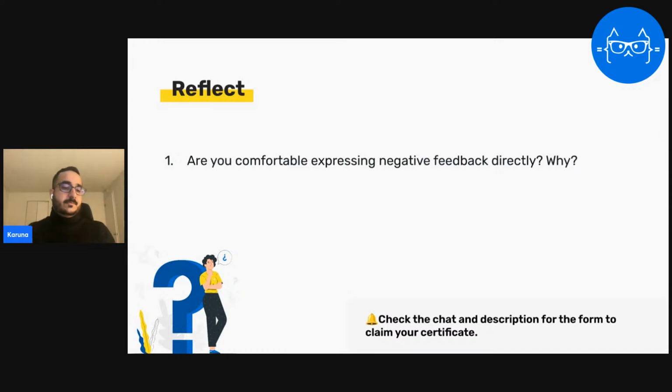Yeah, so there's a mixture. Some people are comfortable expressing negative feedback, some people not as much. We've got Anna here with a very good point: not comfortable, but also I don't like sugarcoating. True, I'm kind of like that as well. I'm not the best at giving negative feedback, but I also don't like when feedback is given to me in a sugar-coated way. So I feel you there.